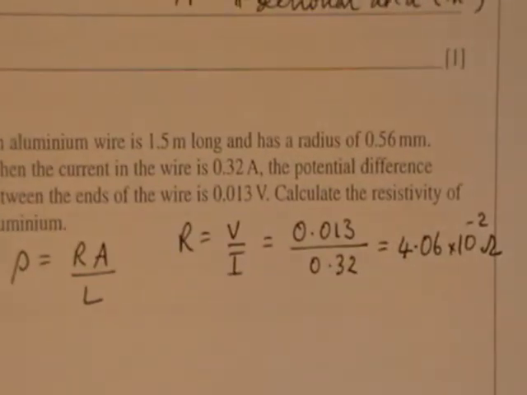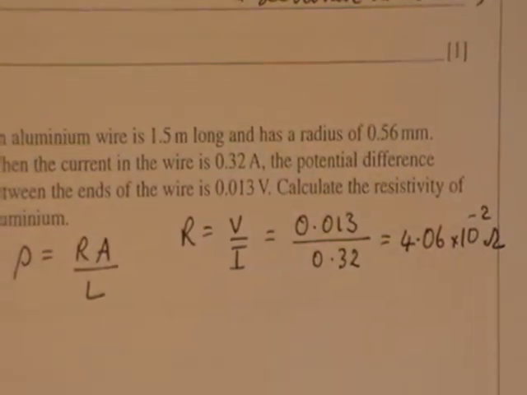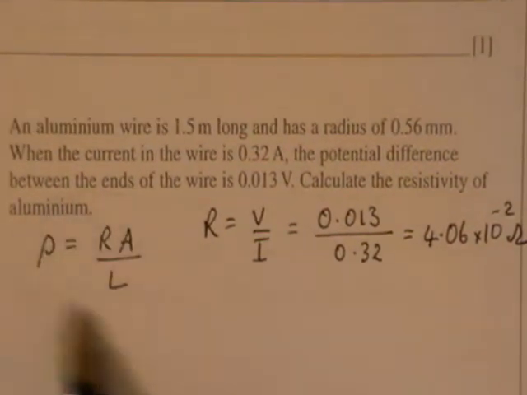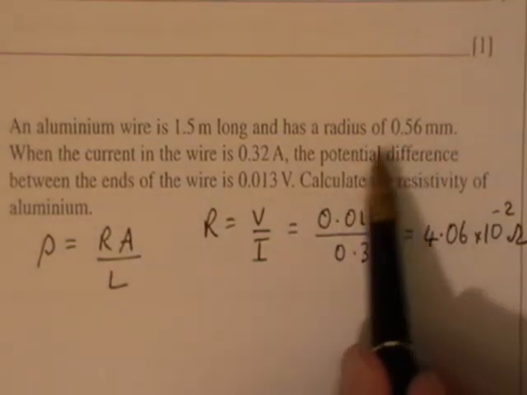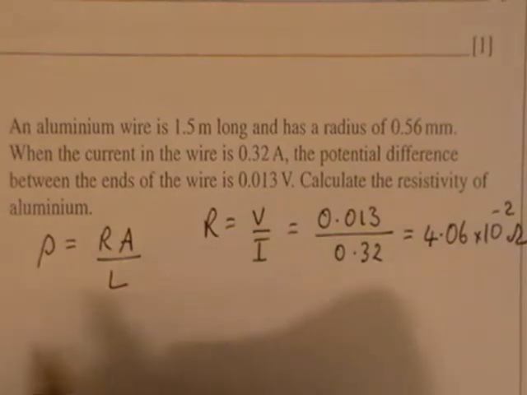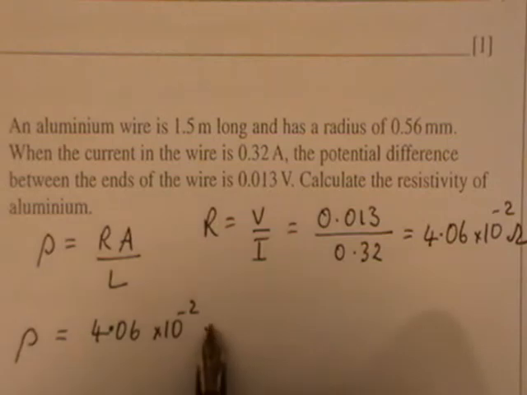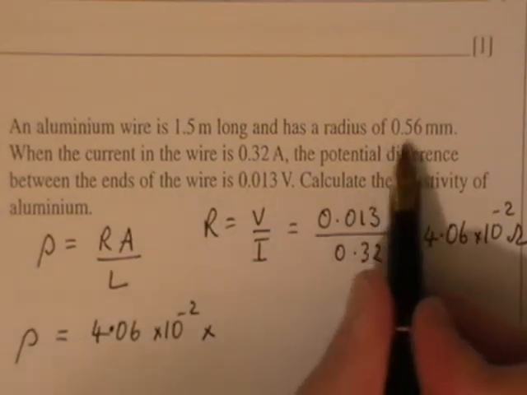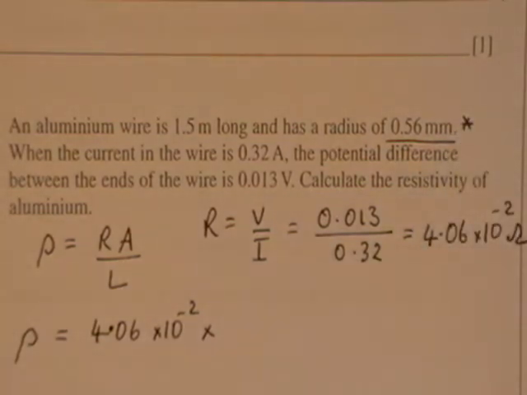Right, so we've got a resistance of 4.06 times 10 to the minus 2 ohms, and we're going to use that in this equation over here. So first of all, we've got a diameter, now we've got a radius, so the area is equal to pi r squared. So the resistivity now is going to be equal to the 4.06 times 10 to the minus 2, that's the resistance, times the area, so it's 0.56 millimeters. Okay, so just be careful there with the millimeters.